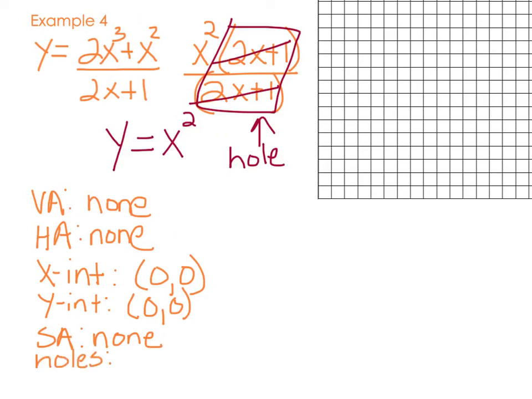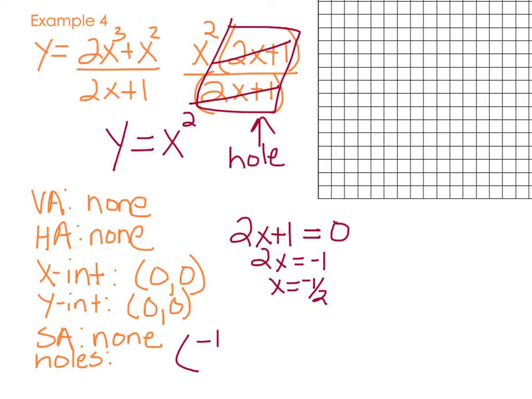There's only one. To find the hole, you take what you crossed out, 2x plus 1, and set it equal to 0. So that means we have 2x equals -1, x equals -1/2. That is the x-coordinate of your hole. But a hole is a point, and you need a y-coordinate.